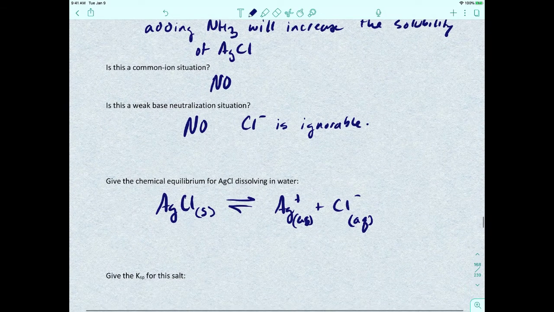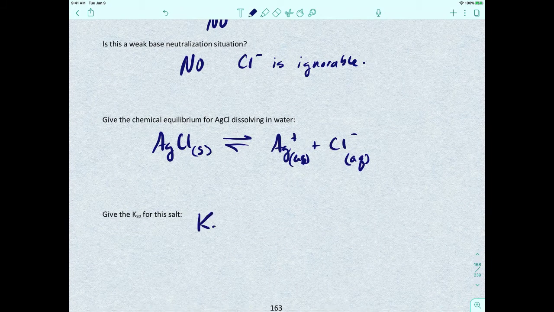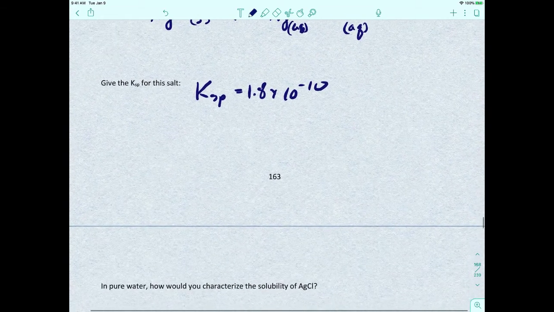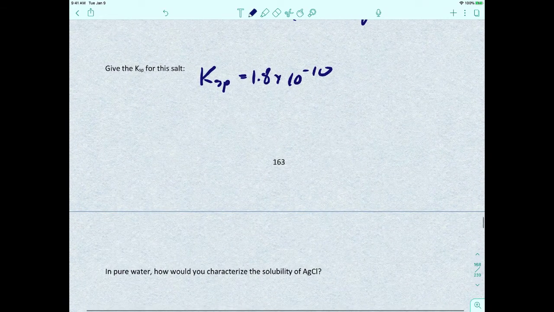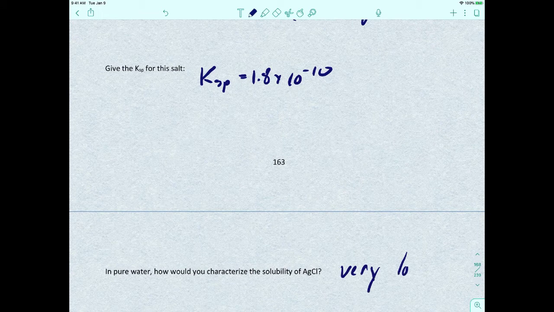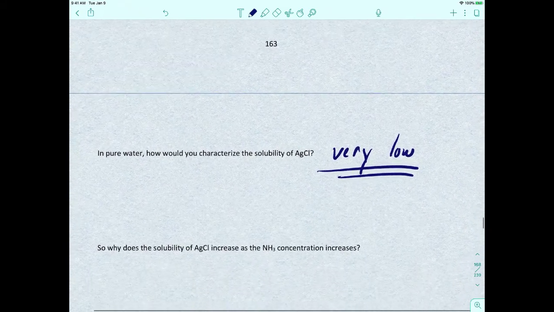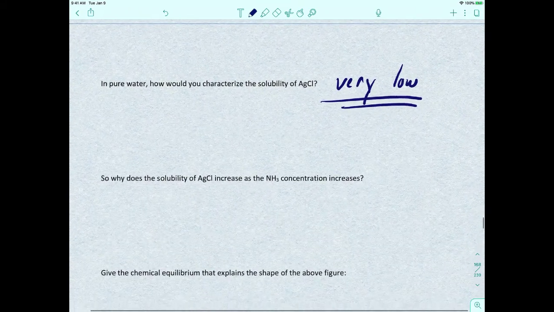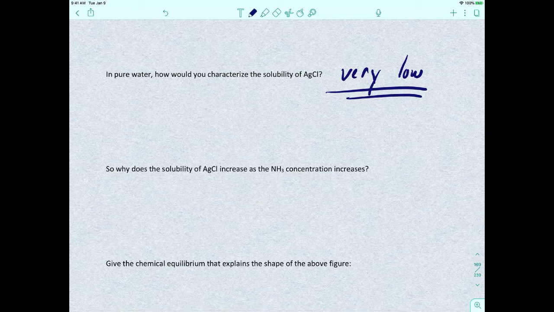Okay, and the Ksp for this salt is 1.8 times 10 to the minus 10. So in pure water, how would you characterize the solubility of silver chloride? Very low. Extremely low. Okay. So why does the solubility of AgCl increase as the concentration of NH3 increases?